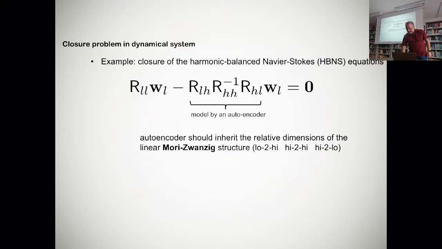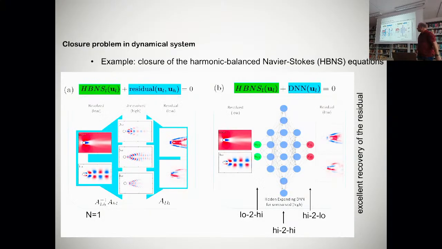And then if we do that one, this is what happens. So we have to have an autoencoder that goes from low to high, back to low for flow around a cylinder. And the inner part here, usually an autoencoder goes down and back out. This is how we learn autoencoders. This is an anti-autoencoder. It goes down, but in the middle, it has a reservoir here that is rich enough to represent the high to high. And you would say, well, doesn't that go against model reduction if I need a high reservoir in the middle?